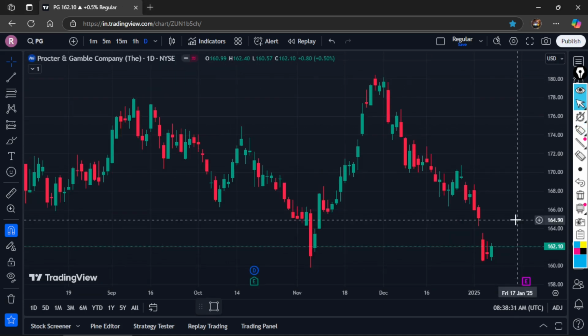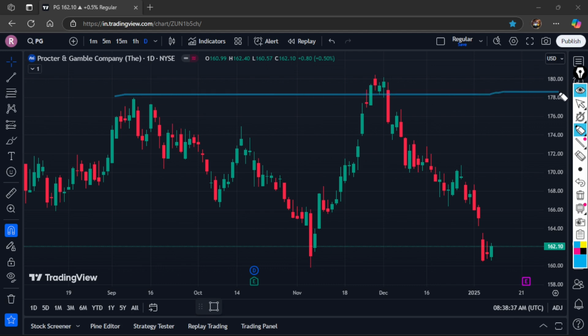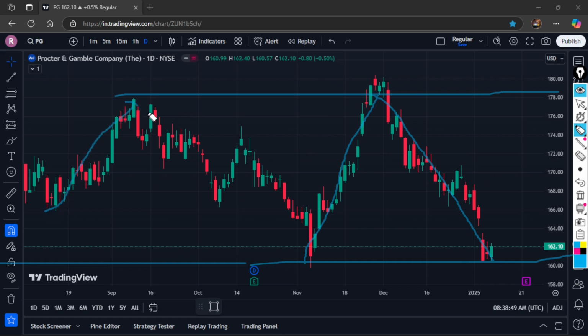Here in PG, you can see it is making one kind of a range-like pattern, so we can see that the price tries to go upside, again comes downside. Here the price went upside, again came downside, so we can see that it is in a range. So here we can expect that it can go upside.